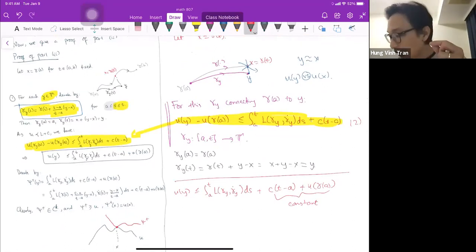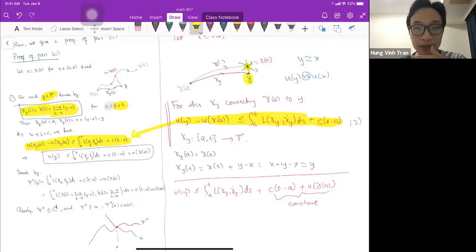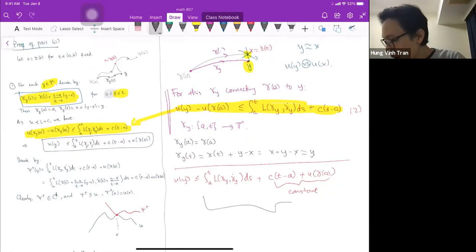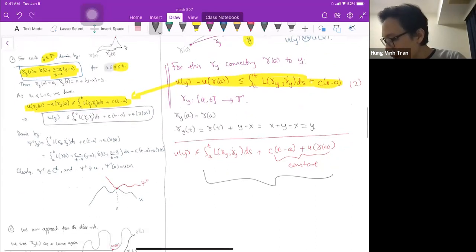I can now start comparing the value of u of y with the value of u of x, because when y equals x, I have equality, and for y not equal to x, I have an inequality. That's great, and that's exactly what we do. Now we're going to define the right hand side here to be a new function.